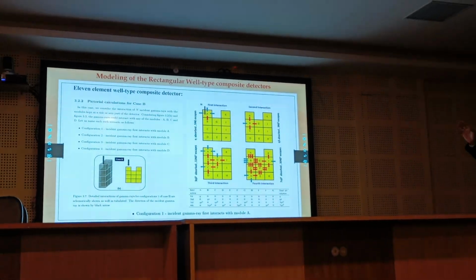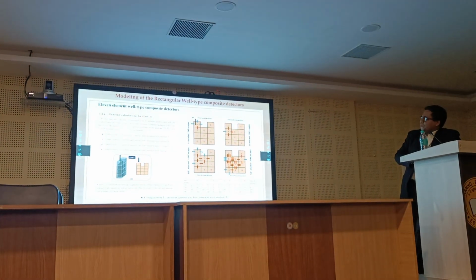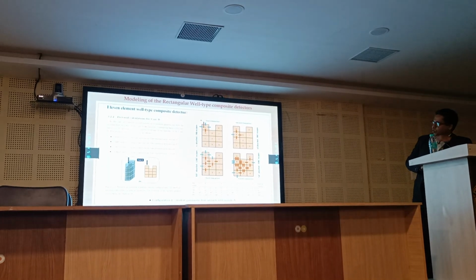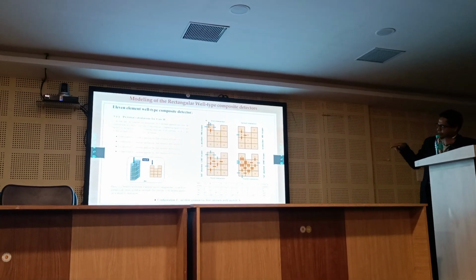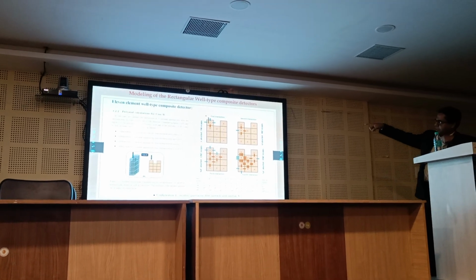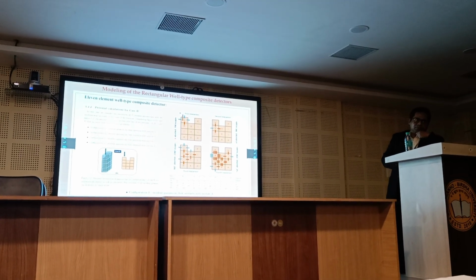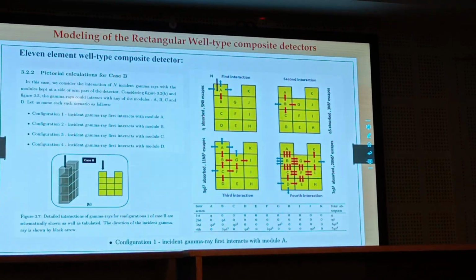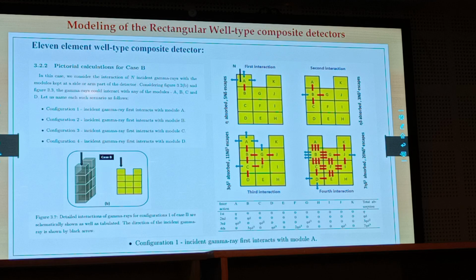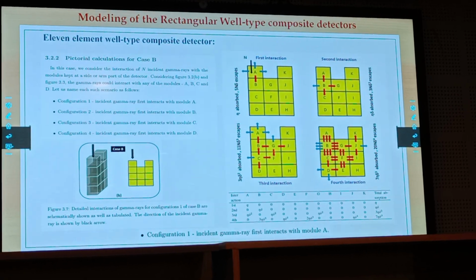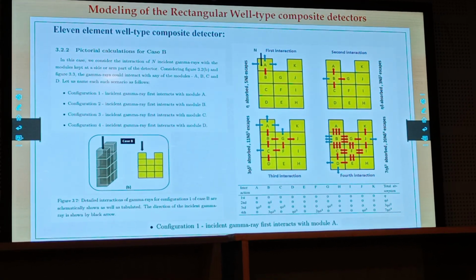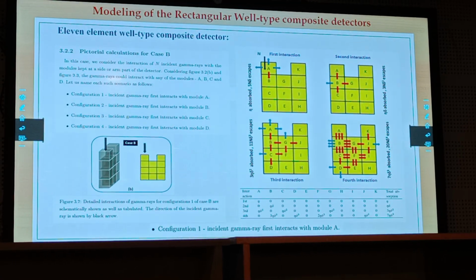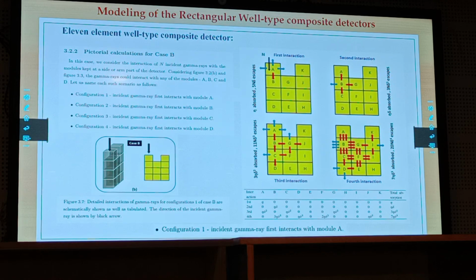And this is case B, where gamma ray first interacts with the peripheral detector modules. Here, in configuration 1, first gamma ray interacts with detector module A. And in configuration 2, in first interaction we see that when the gamma ray interacts with module A, one part is scattered only to module B, and the remaining parts will scatter outside.